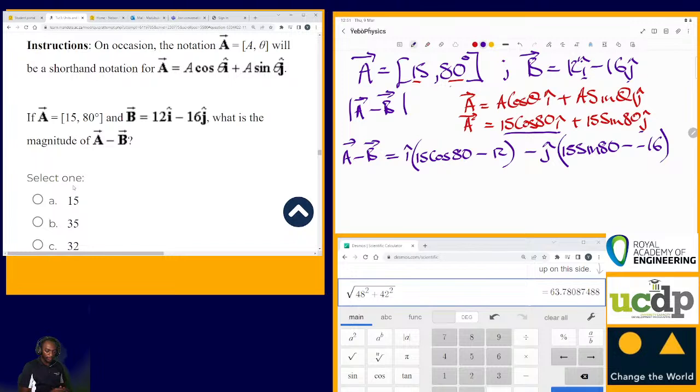All right. So we are adding that now. So what do we get? So in the i, it's going to be 15 cos 80 minus 12.